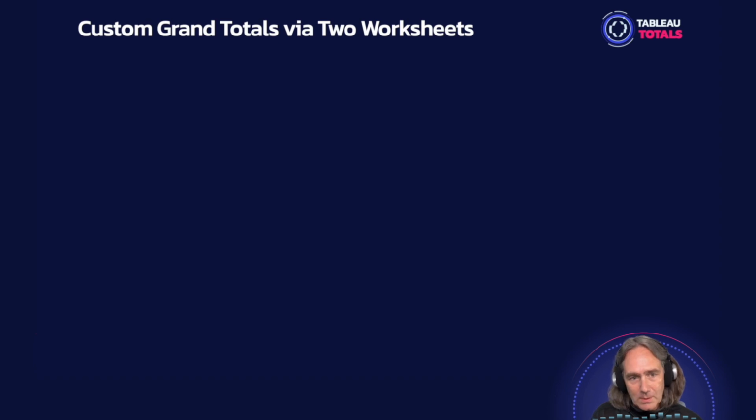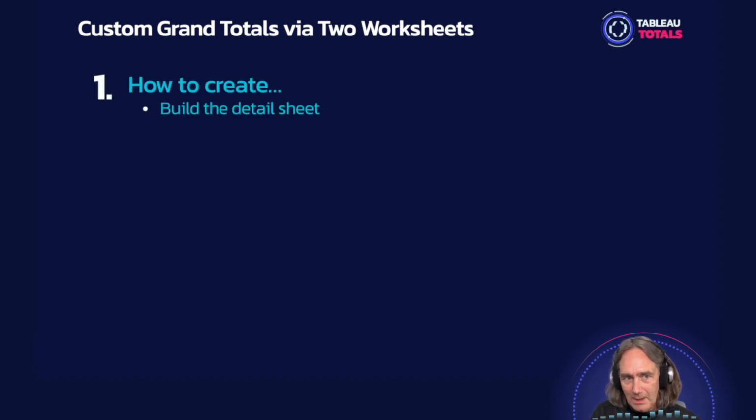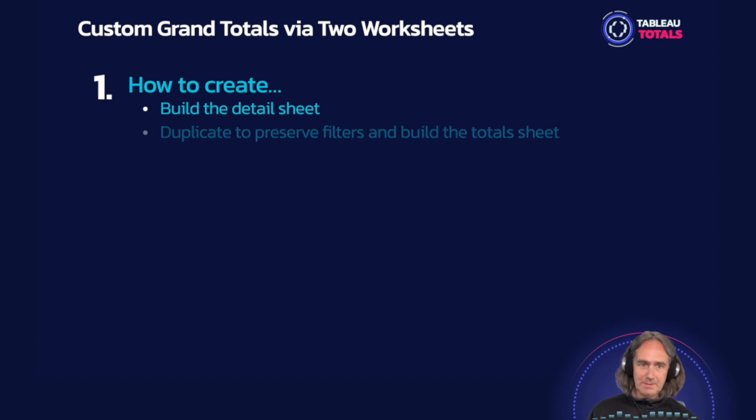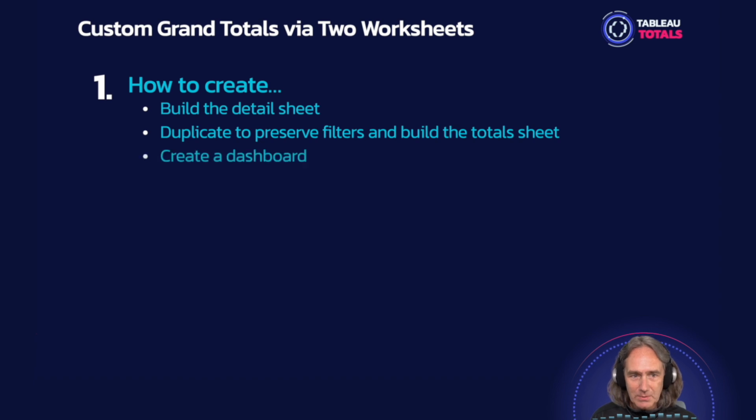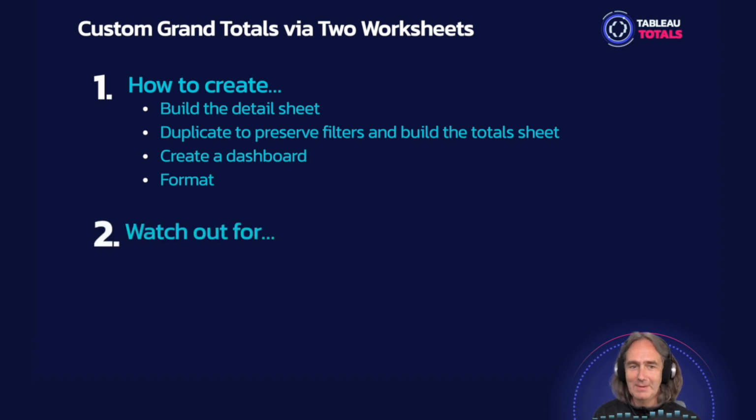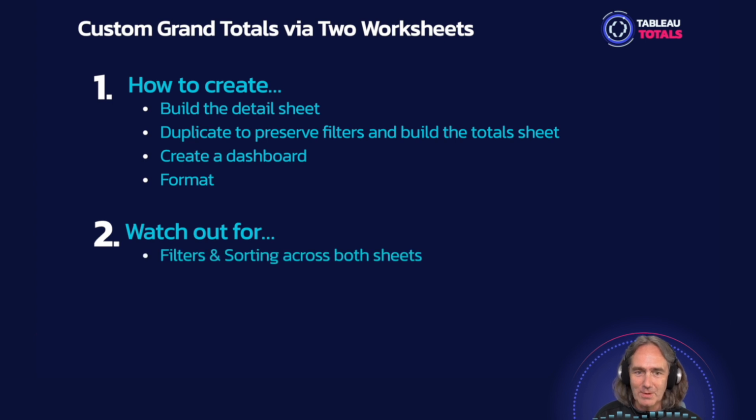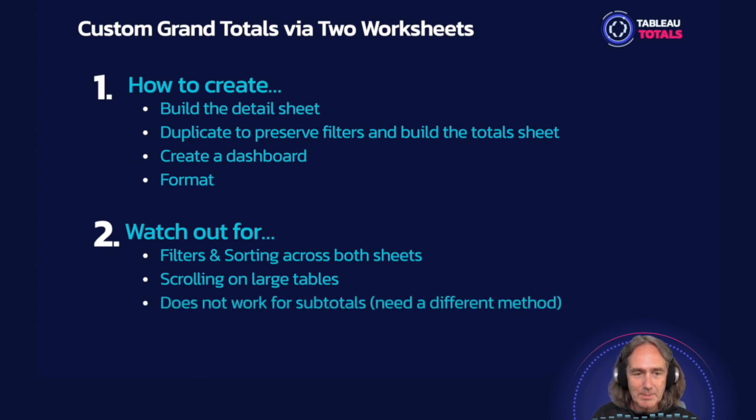Yeah, so to just kind of go through a little review of how to do this. You build your detail sheet, duplicate that so you can preserve your filters, build out your total sheet, put everything on a dashboard, and then get into that formatting. So in one sense, it's that simple, and we need to watch out for filtering and sorting across the sheets, and the scrolling issue that we talked about.